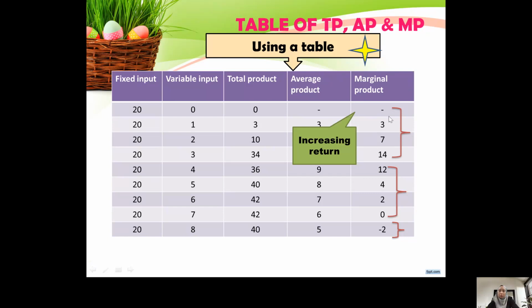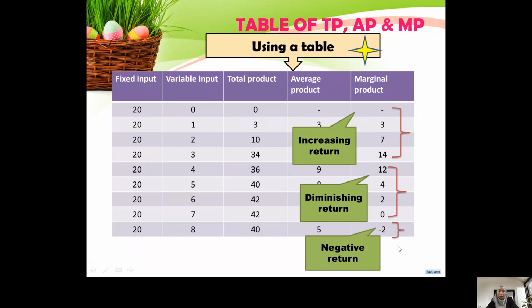You can see the value of marginal product keeps increasing. This area we name increasing return. Diminishing, sometimes we also call decreasing return, starts when the value of marginal product starts to decrease and reaches the value of 0, and the negative value is definitely negative return.